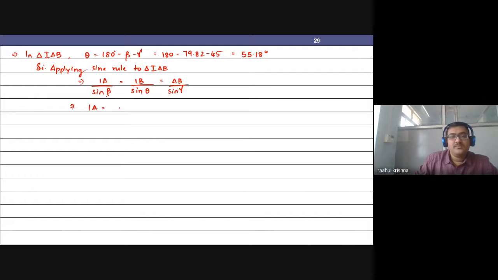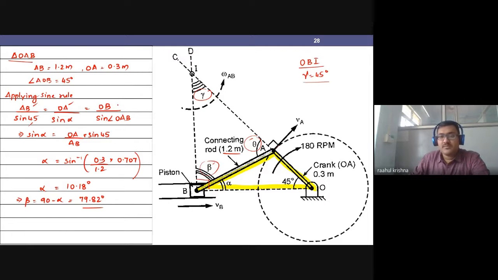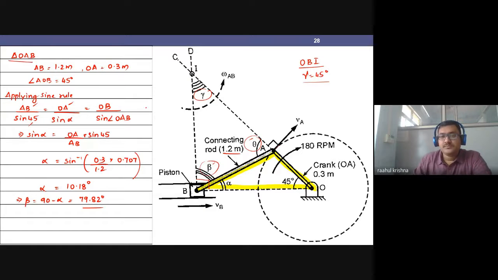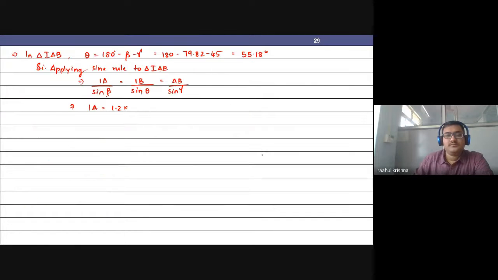IA equal to, what is the length of AB? The length of AB is 1.2 meters. So 1.2 into sin beta, right? So sin of 79.82 divided by sin gamma, so sin 45. So that means I can get IA.